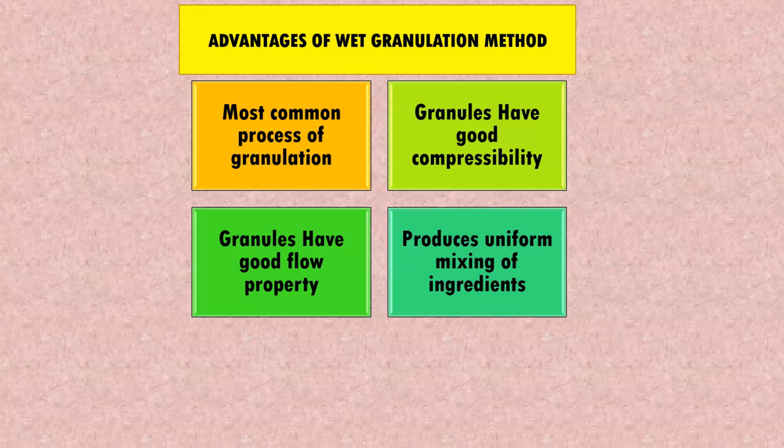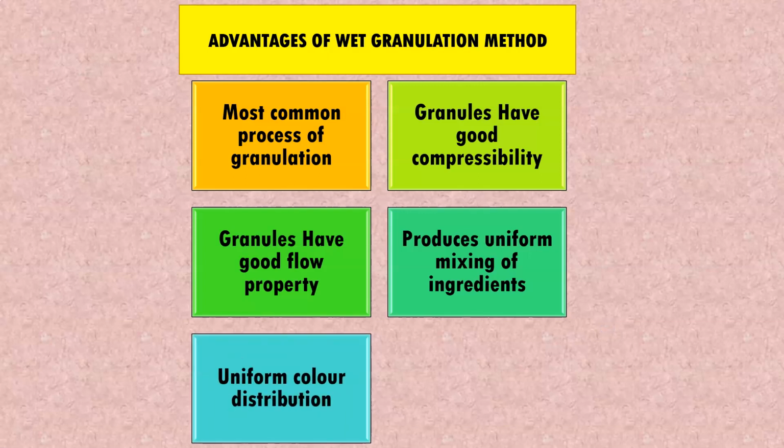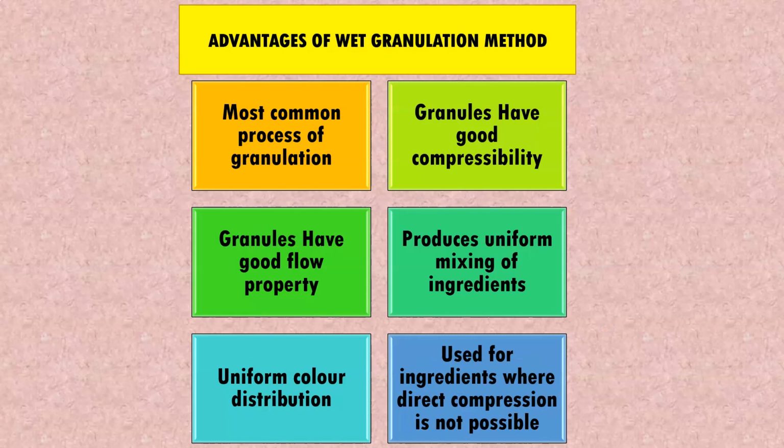And the next advantage is produces uniform mixing of ingredients. And the next advantage is uniform color distribution. And the next advantage is used for ingredients where the direct compression is not possible. So these are the advantages of wet granulation method.